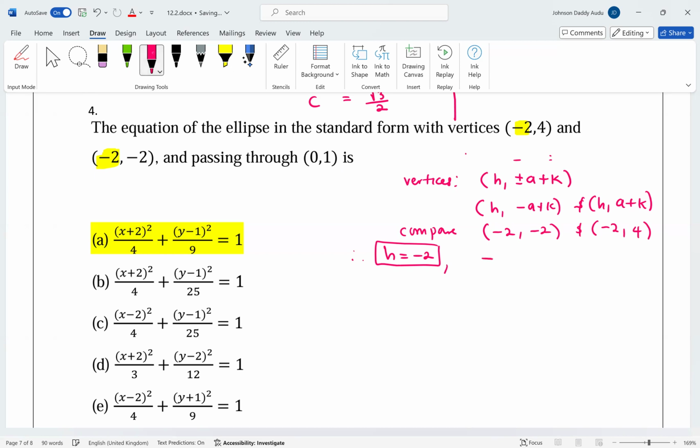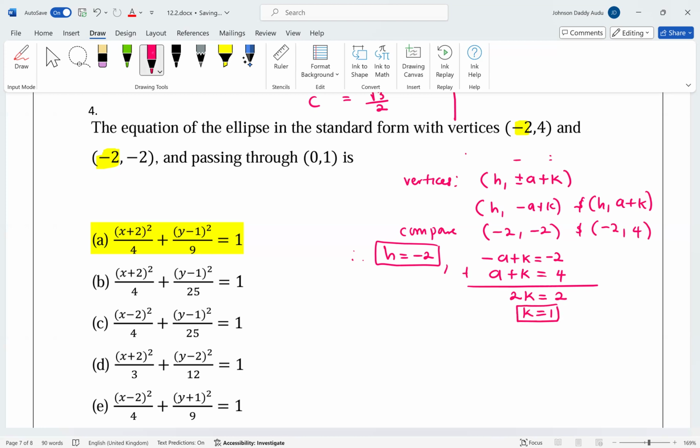Then you will see that minus a plus k is minus 2, and then a plus k is 4. So with this, you can add so that you have 2k equals 2, and that means that k is equals to 1.